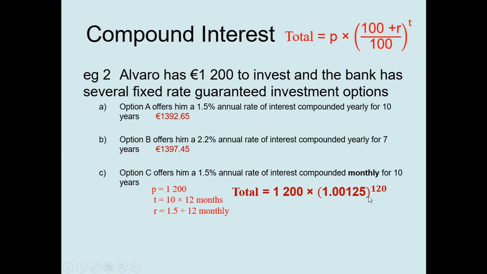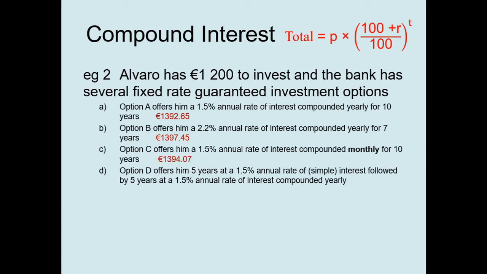That's an increase by 0.125%, and we're doing that repeatedly for 120 months. So that's my power. Okay, that works out to be 1,394 euros and 7 cents. Again, rounded to 2 decimal places.